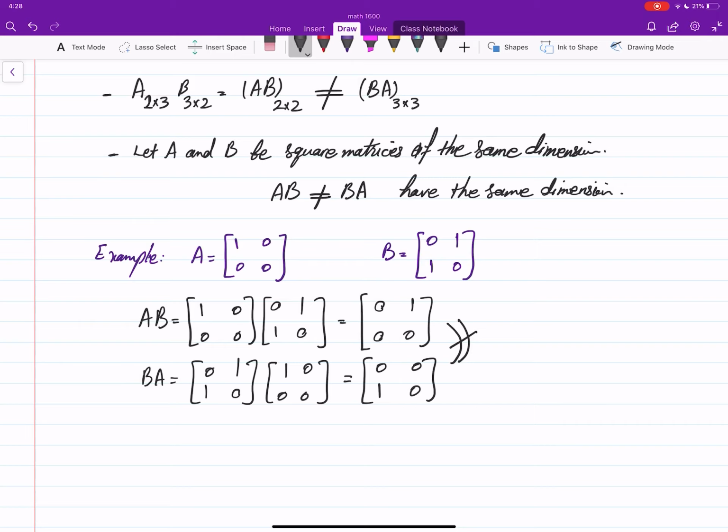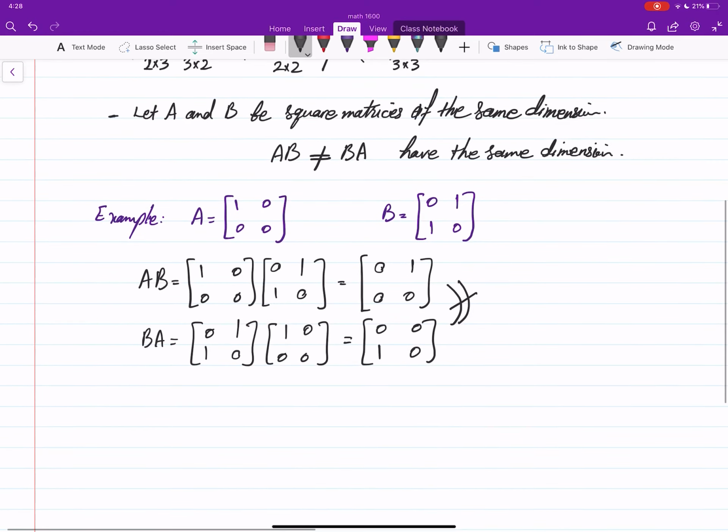And this gives us the source of why matrix multiplication becomes important in something like quantum mechanics. And this is the source of lots of new and nice things.